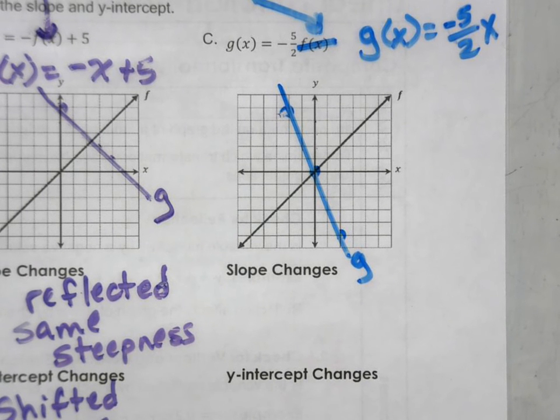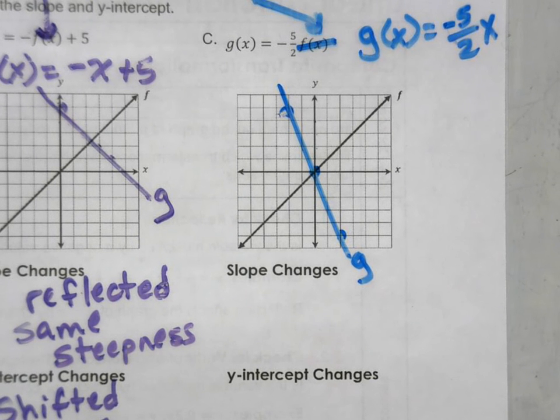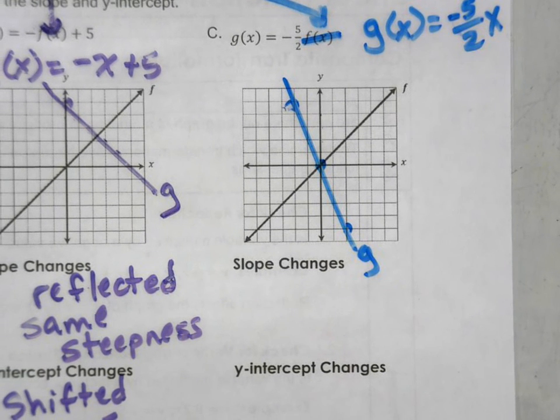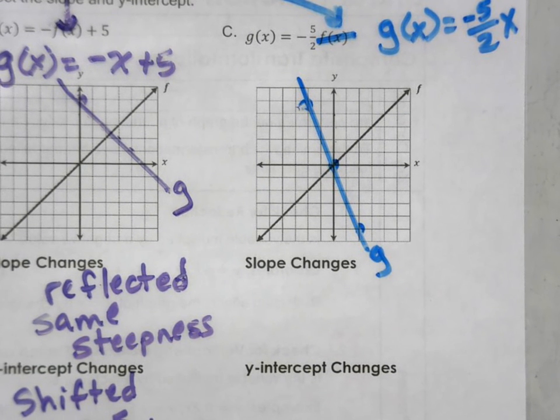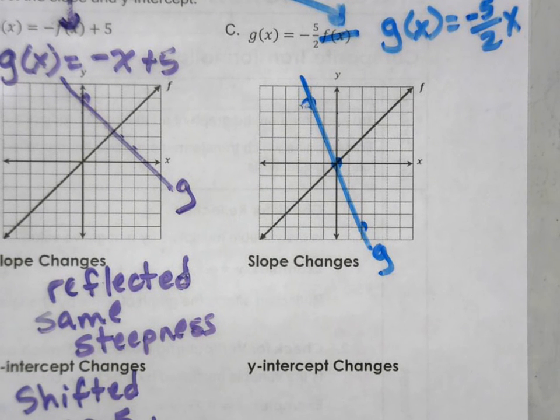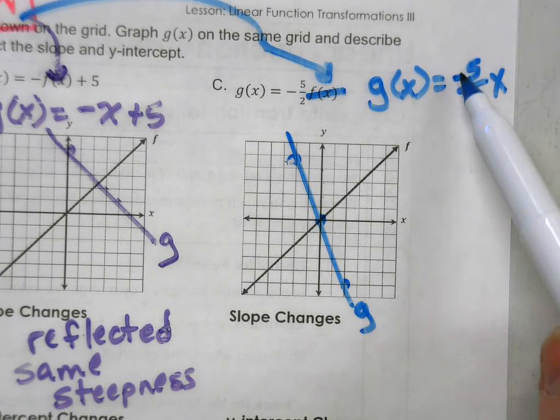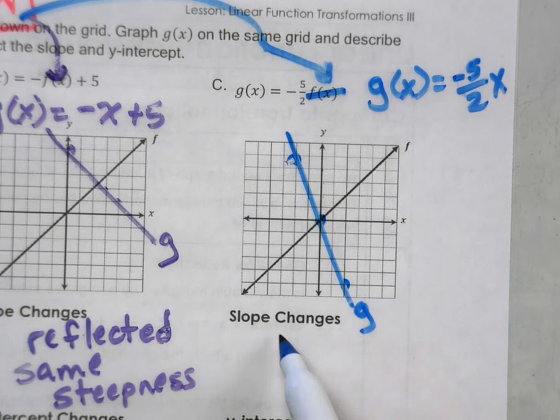So what changes were made to the slope? Was it reflected? Because my slope is now a negative, so there's a negative here, so yes, it was reflected.